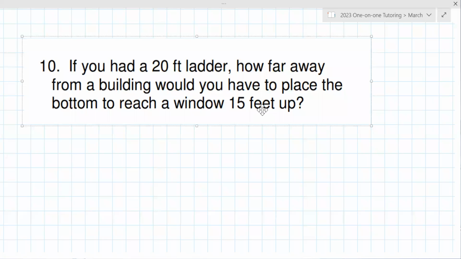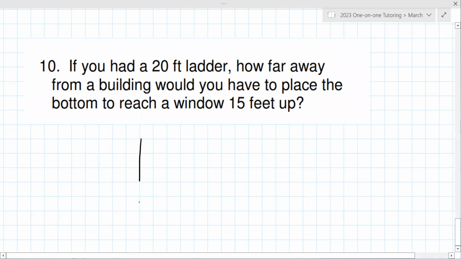So I do 20, 100, and I do 2, 2, 5, 175. It'll be square root of 175, and then I need to break that down, right?